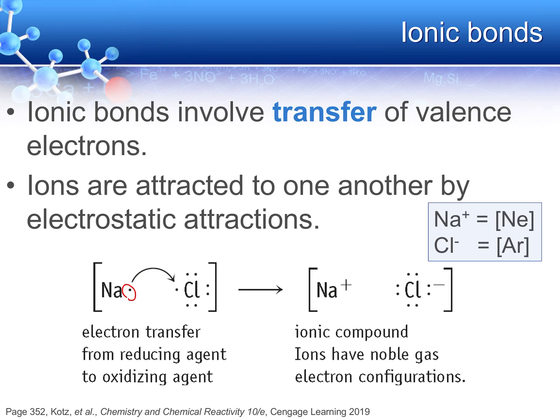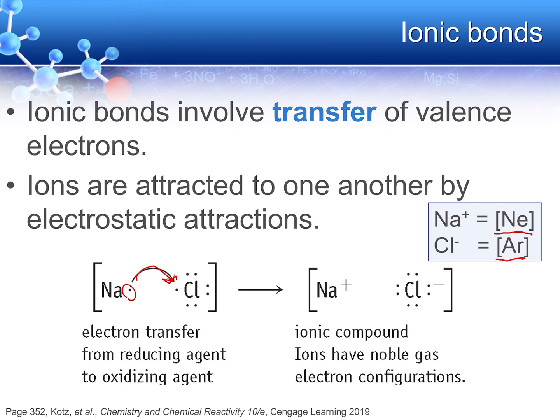But if sodium loses its electron, and if it transfers its electron to chlorine, then sodium becomes a positively charged ion, and now its electron configuration is the same as that of neon. We saw that in the last chapter. And if chlorine gains an electron to become chloride, now its electron configuration is that of argon.